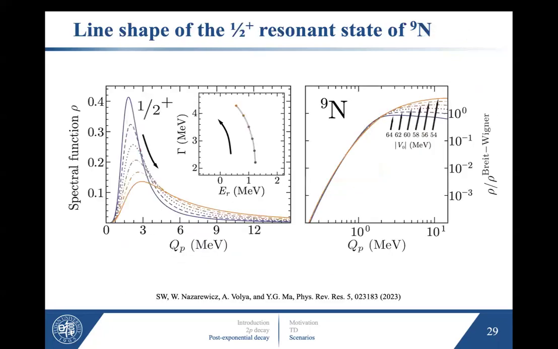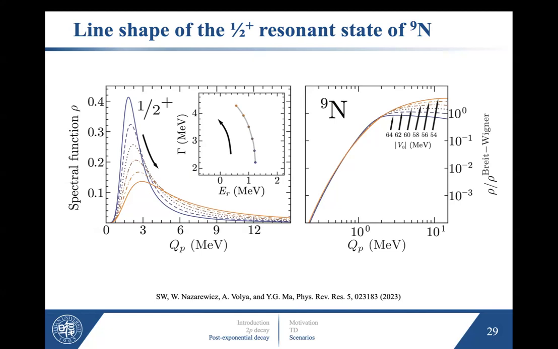of the nitrogen. As a result, we can see on the left-hand side figure the spectral function, which is the line shape of the nitrogen, and it is highly asymmetric. The right-hand side figure shows the spectral function compared to the Breit-Wigner type.